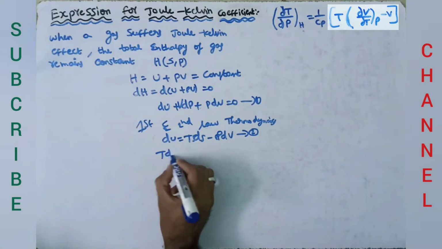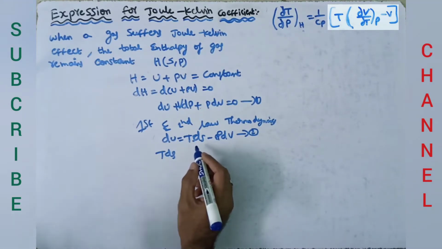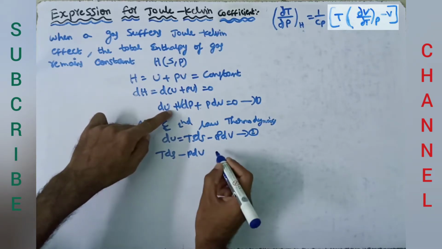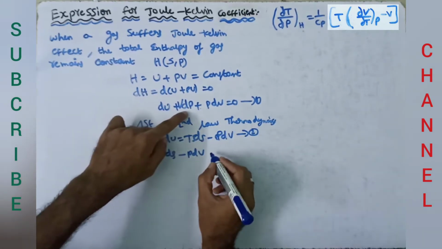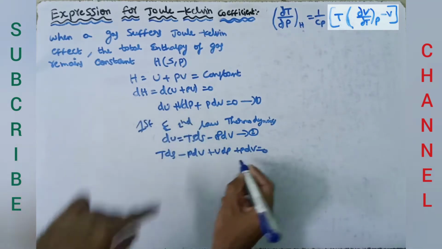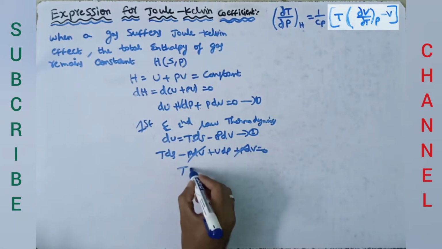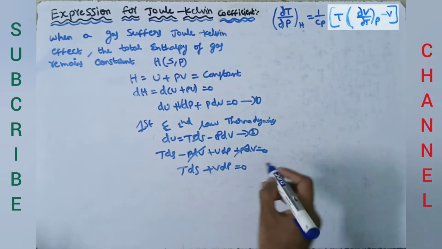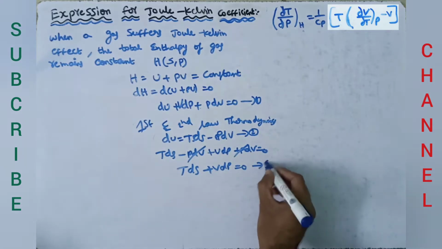We substitute TdS minus PdV. We write the remaining V dP plus P dV is equal to 0. Here PdV gets cancelled. We get TdS plus VdP is equal to 0. This is equation number 3.